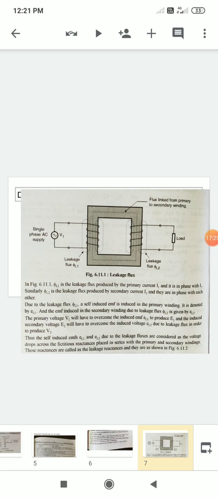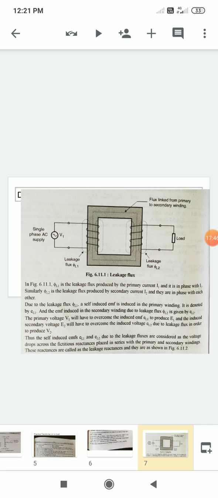Due to this leakage flux, a self-induced EMF is induced in the primary winding. We have already discussed the concept of self-induced EMF. Self-induced EMF means whenever the flux linked with the circuit coil changes, an induced EMF is set up in the coil.